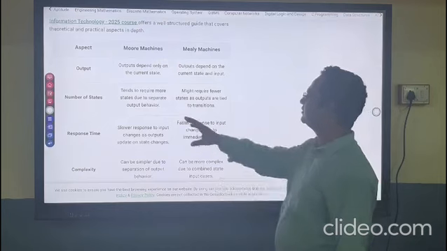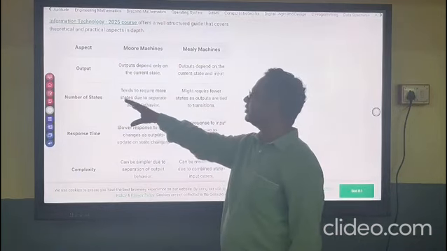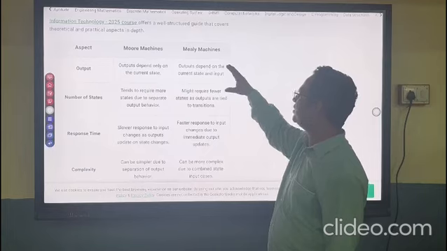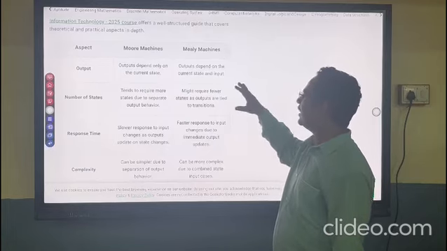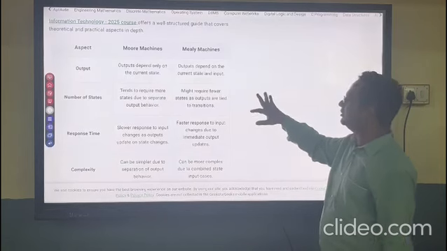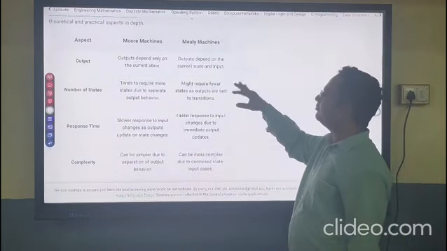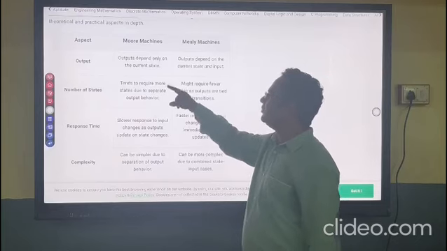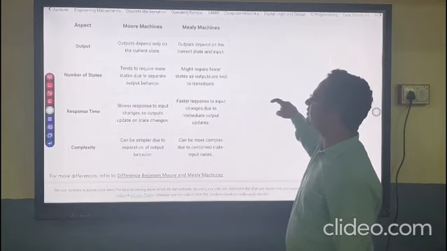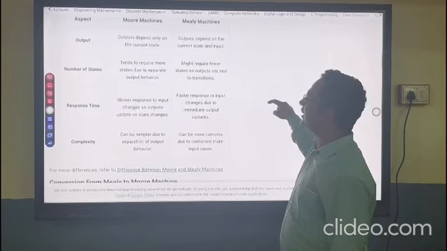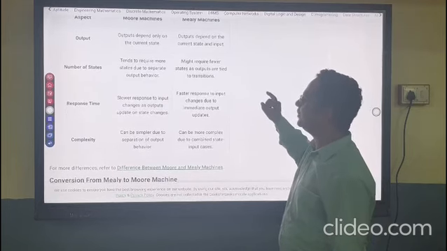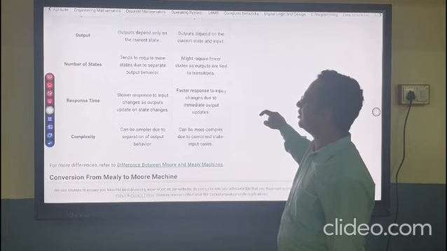Number of states: in the Mealy machine, it may be fewer, as the output is seen in the transitions, but in the Moore machine, there may be more states, with duplicate states seen.